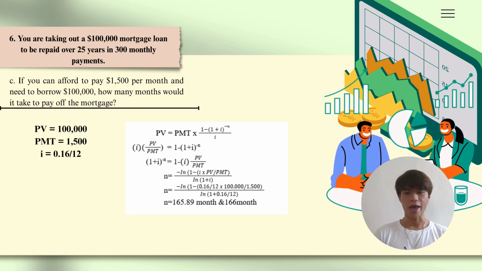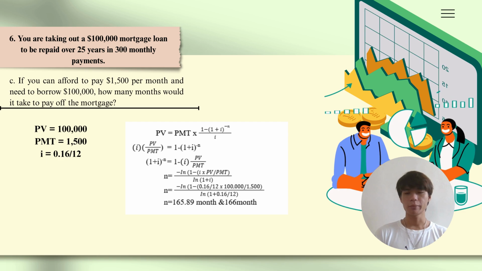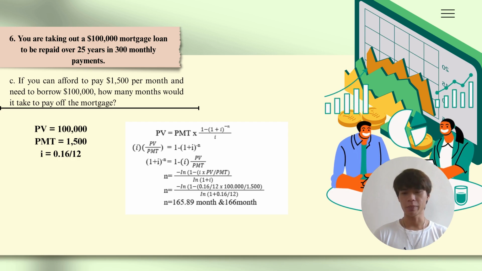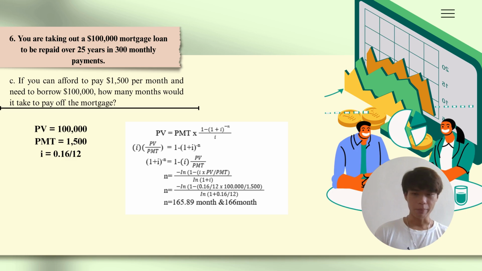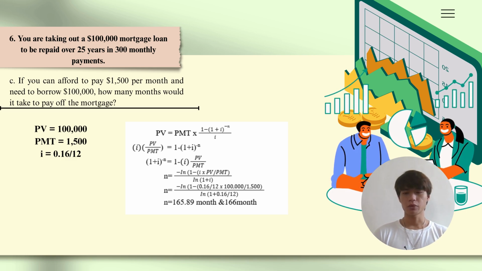So we can know n equals negative ln(1 minus i times PV divided by PMT) divided by ln(1 plus i).